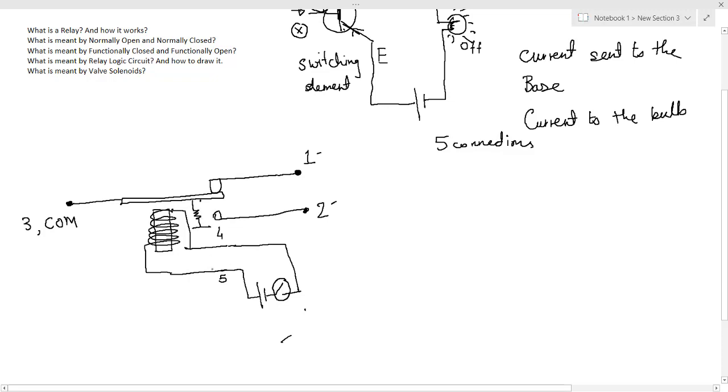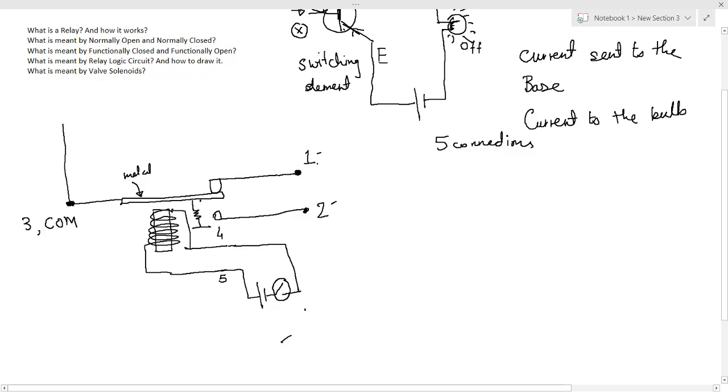So initially there is no current flowing through the solenoid. So what happens? There is no attraction, and so this common terminal is connected to terminal number 1. This is also made up of metal, a conducting element. So common is connected to 1.